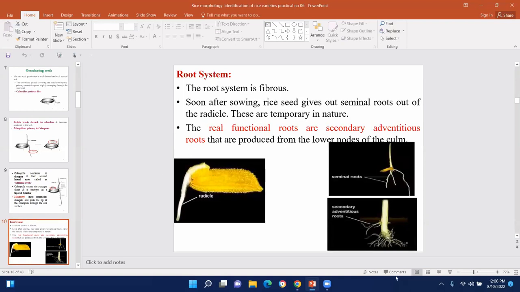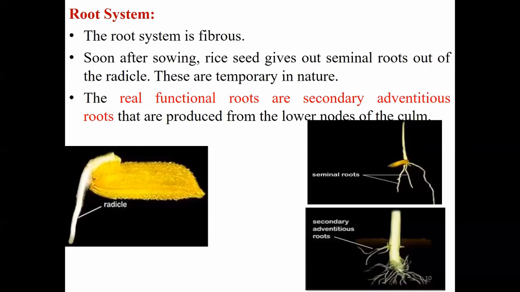Then the root system. We already studied these things. You now know the radical and the seminal root: from the radical part, they will develop some roots, called seminal roots. That root system is a fibrous root system.